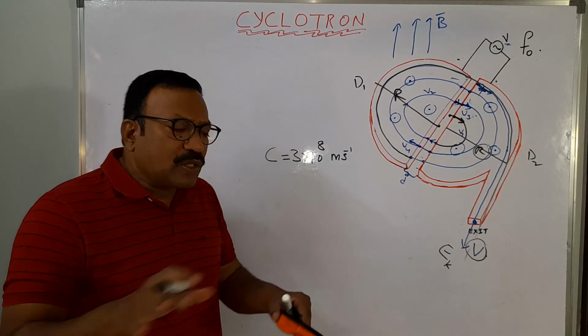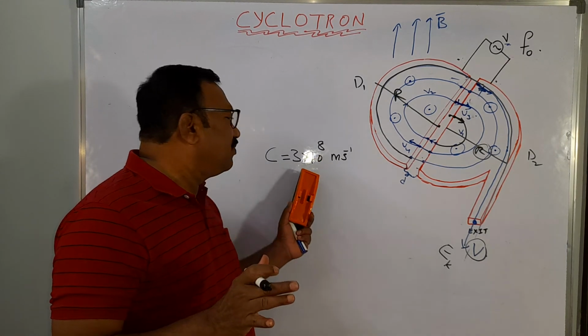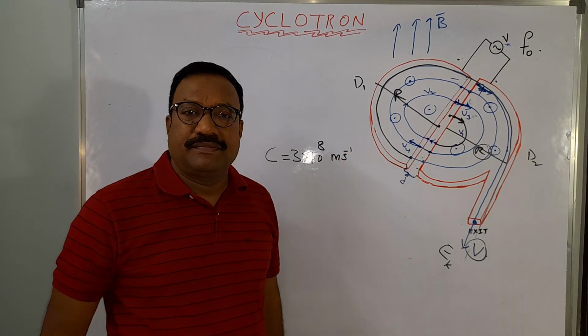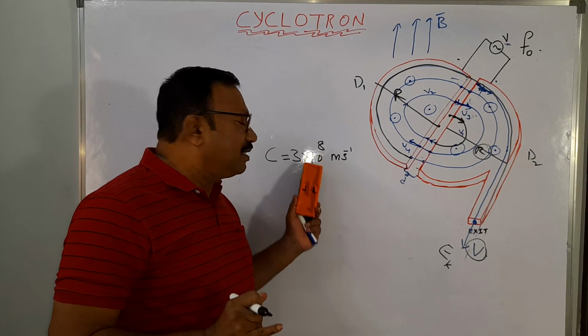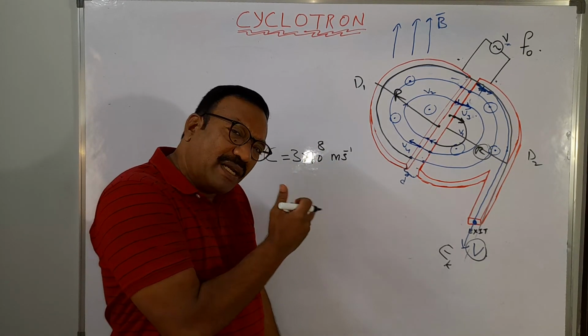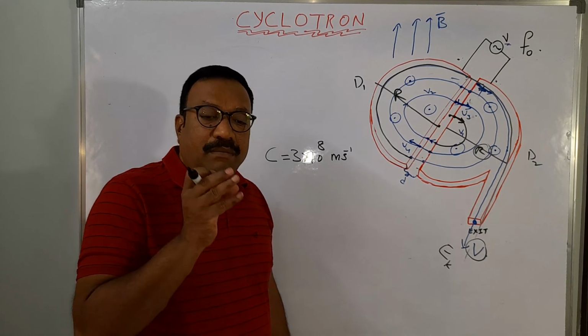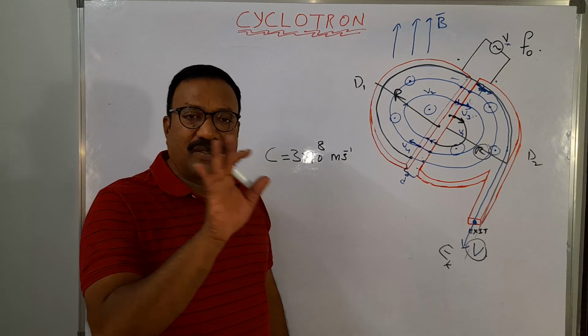So in this universe, no particles or bodies can travel with a velocity equal to that of light, or at least comparable to that of light. If any particle is traveling with a velocity comparable to this, then the mass of the particle will increase. So mass is not constant.